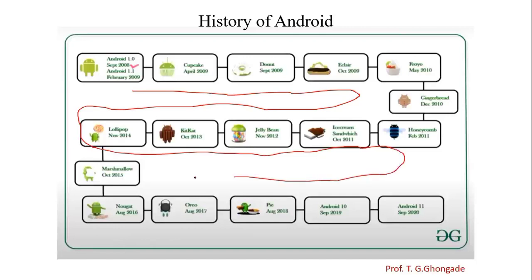These are the particular flavors or versions of the Android operating system. Until September 2020, Android 11 was released, so the latest is Android 11. That image explores the history of Android and it contains all the versions of the Android operating system.